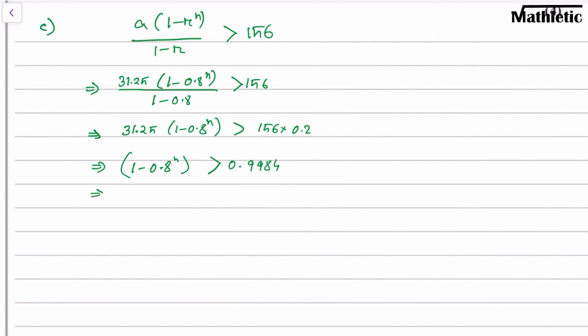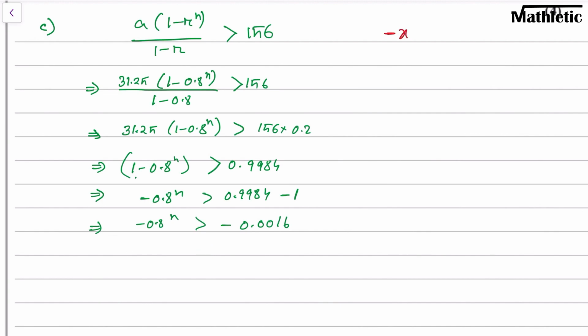That will give us 0.9984. So if we shift this 1 to the right side, so minus 1, so minus 0.0016. When you shift this negative sign here, this negative will be cancelled out, but because of this shifting, the greater than sign will be converted into a less than sign.